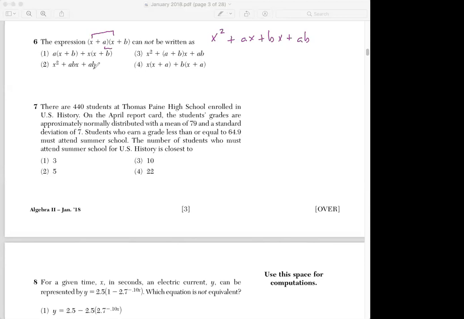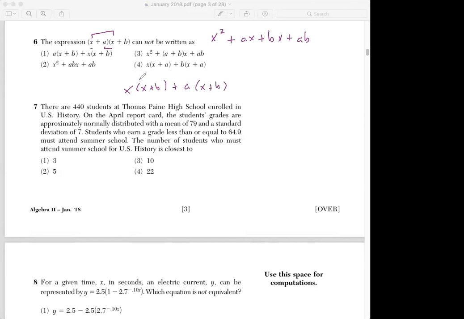So x squared, let's see, if I FOIL this, if I double distribute, this could be x times x plus b plus a times x plus b.